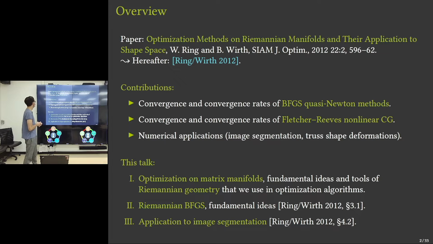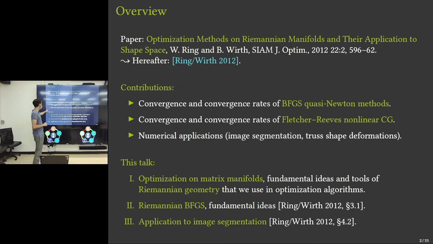So the main contributions of this paper are convergence results and convergence rates of BFGS in its Riemannian version, and the same thing, convergence and convergence rates for the Fletcher-Reeves nonlinear conjugate gradient algorithms that we are not going to see in this talk.